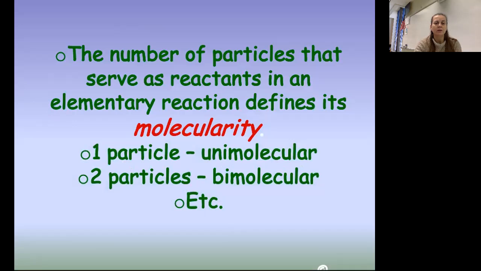Three particles, we actually call it termolecular. And we continue on. It's really unusual to have a termolecular or more reaction. If you think about that, in order for that reaction to happen, you have to have three molecules collide, all with the right energy and the right orientation, and that's really unusual. So it is much more common to have one particle or two particle reactions.